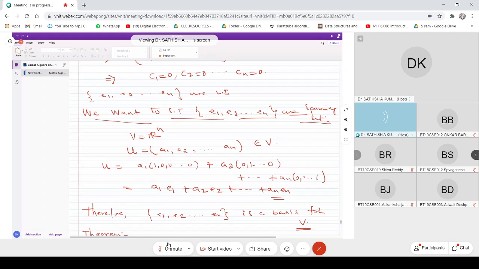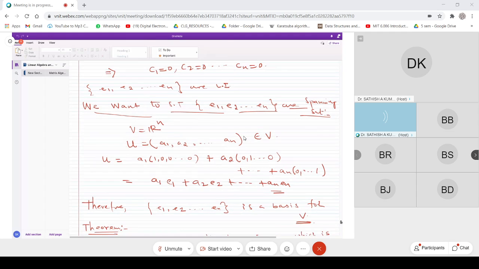Similarly, for the second term you will have 1, and the rest of the entries are 0, and so on. Similarly, the last entry would be 1, and the rest of the entries are 0. So you will get this vector a1, a2, etc., an. Now this is nothing but a1 e1 plus a2 e2 etc. plus an en. Therefore e1, e2, etc., en is a basis for V, because it is a spanning set as well as linearly independent.